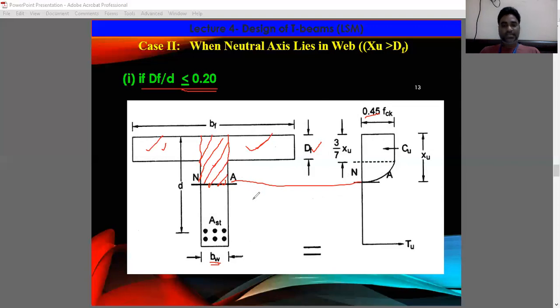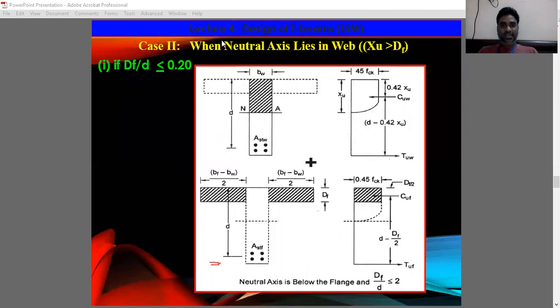Then you will get the compression. And the tensile force is the same, 0.87 fy into Ast. Then equate compressive force equal to tension force and determine Xu, right? Then you can determine the moment of resistance. That means lever arm into force.